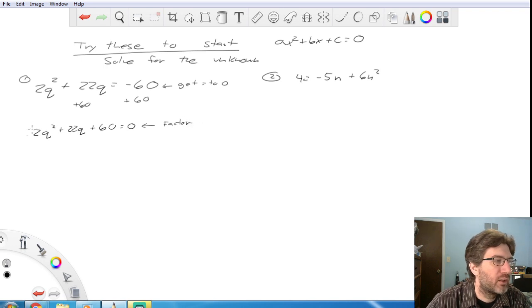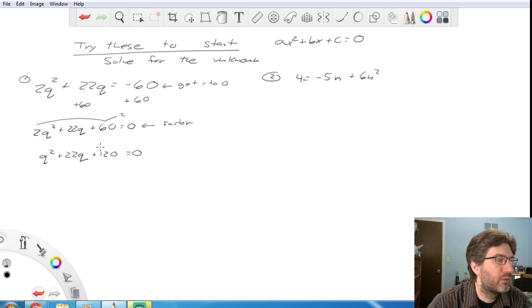Keep in mind we do have an a value, so we're going to slide and divide. This is going to become q squared plus 22q, and then the 2 is going to be multiplied by the 60, and then we're just going to remember the 2 off to the side, and 2 times 60 is 120. And that still equals 0. And then we're going to factor this part.